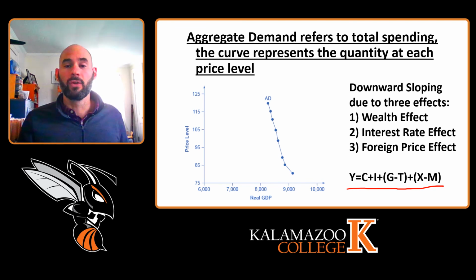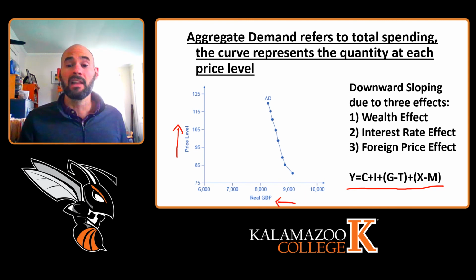And so it's important to note here that this aggregate demand curve is going to be relatively inelastic, that prices aren't going to change our consumption too much, but that once again, there is a negative relationship such that if price levels were to increase, real GDP would decrease.